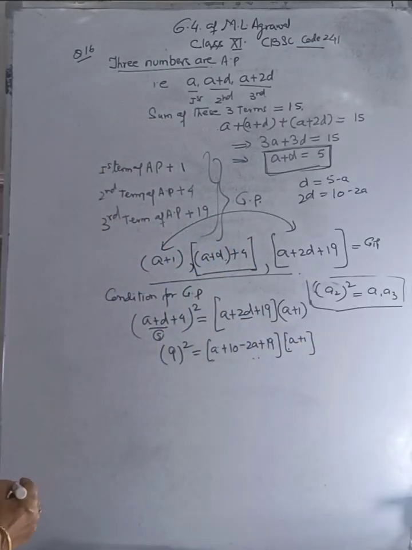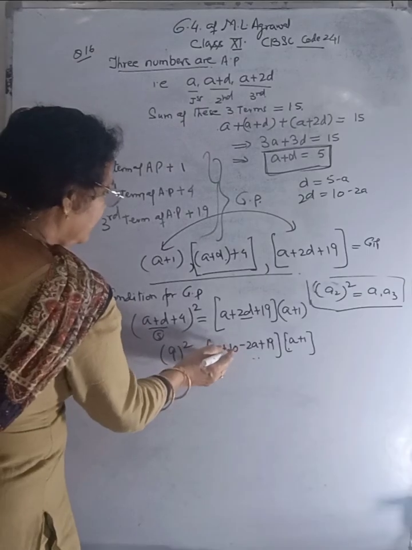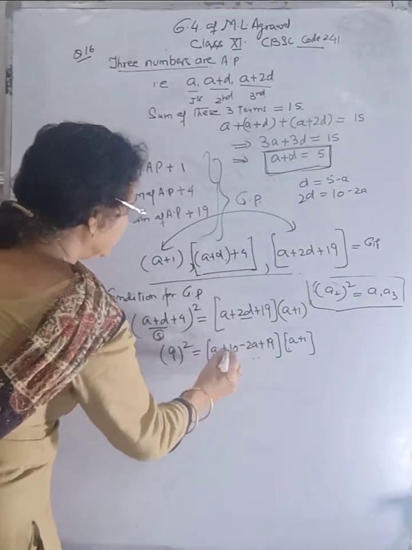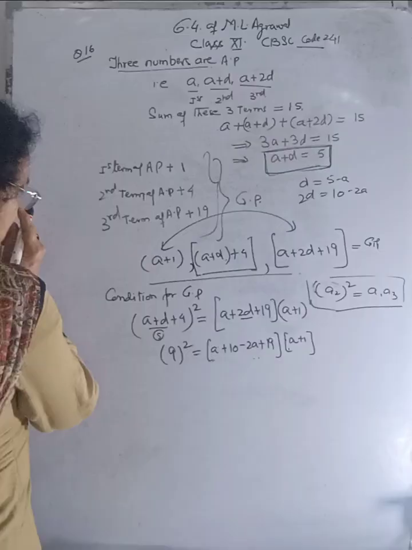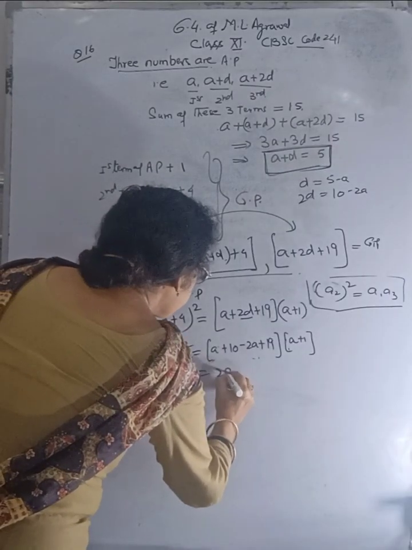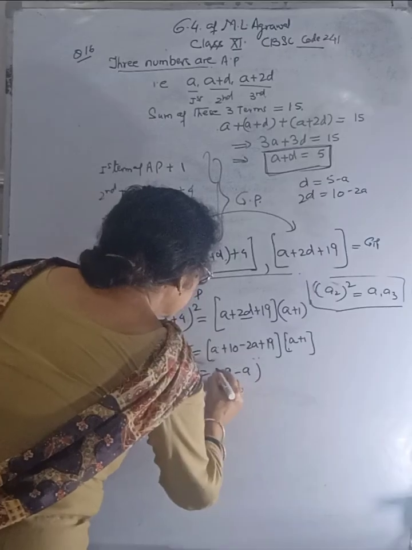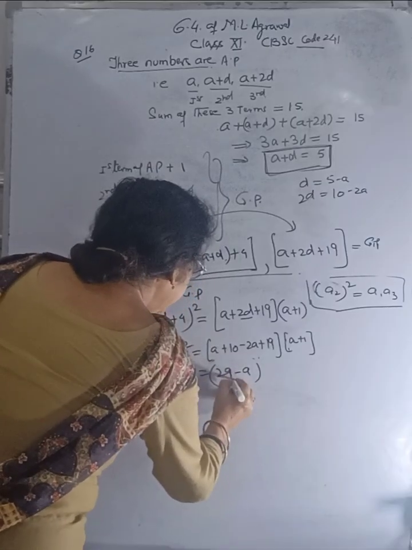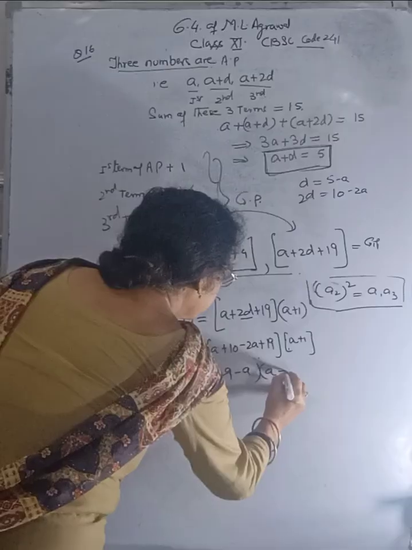Correct? Now, this is 19 and this is 29, so 29 minus A is equal to 29 minus A into A plus 1.